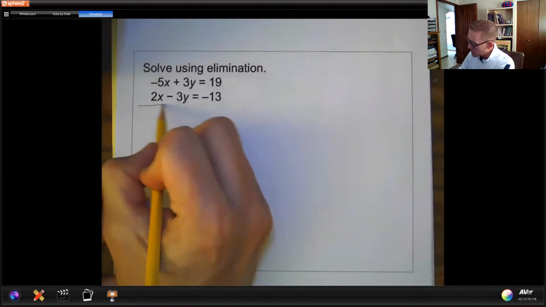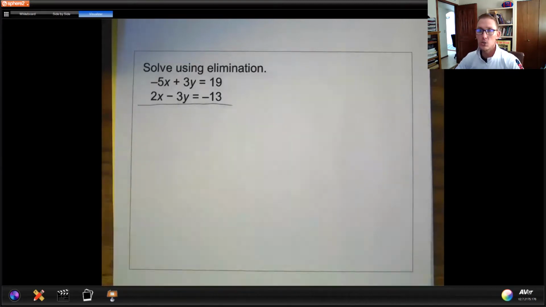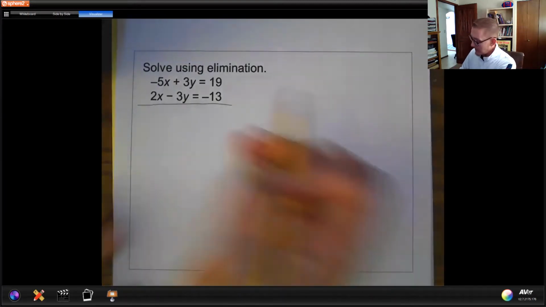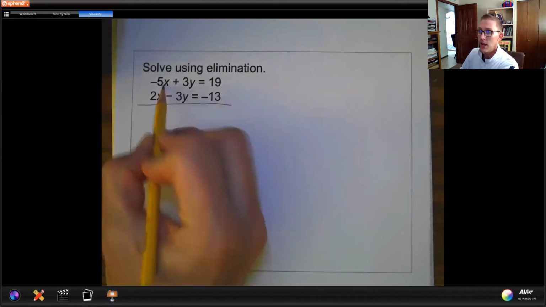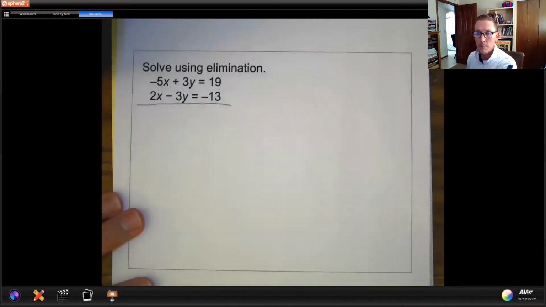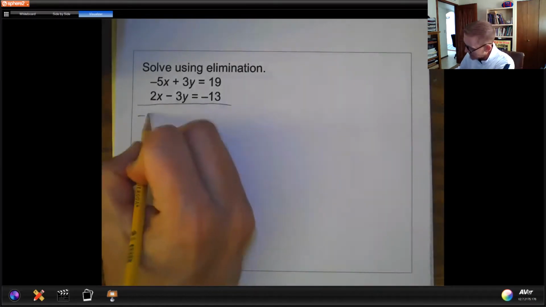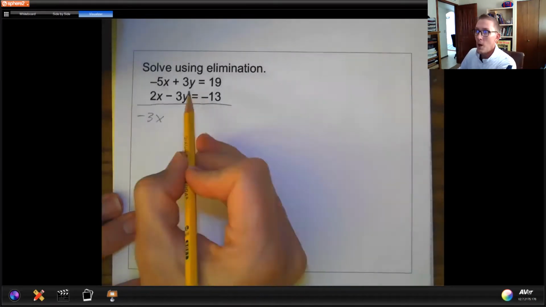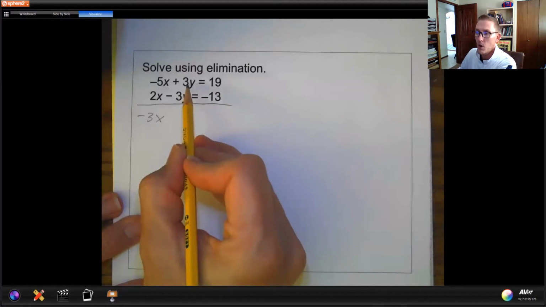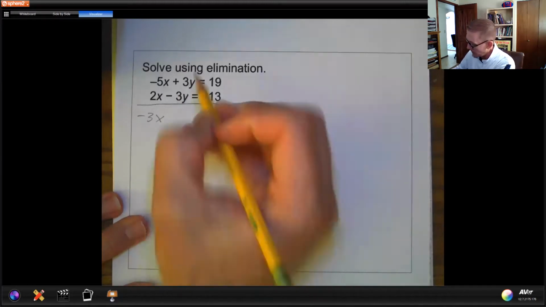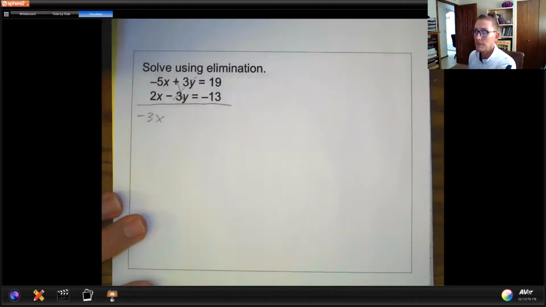So we are going to combine these two equations straight down. I'm going to take negative 5x and positive 2x and combine those, and I get negative 3x. I'm going to combine the positive 3y and the negative 3y, and those cancel out.